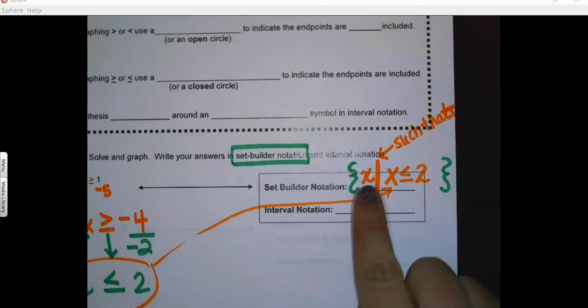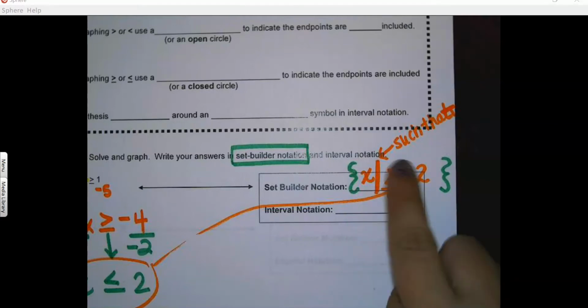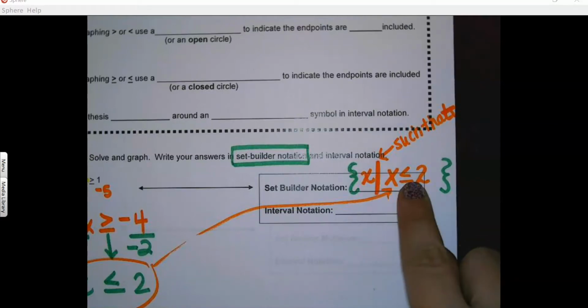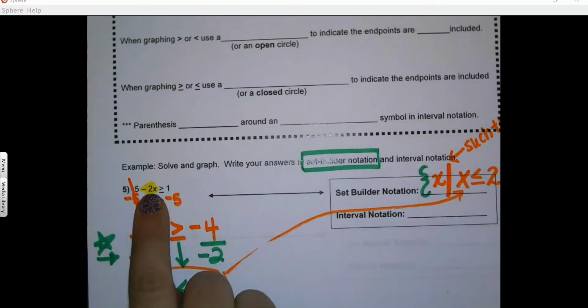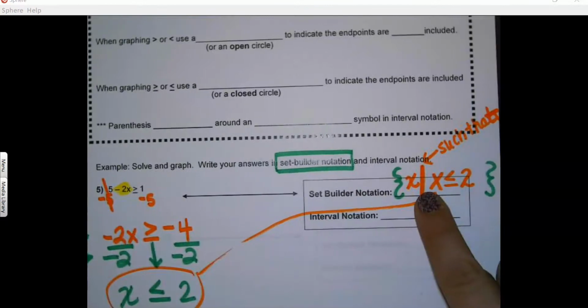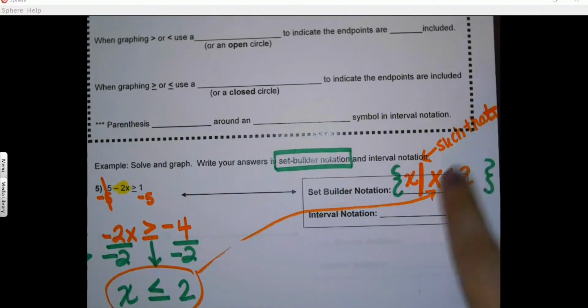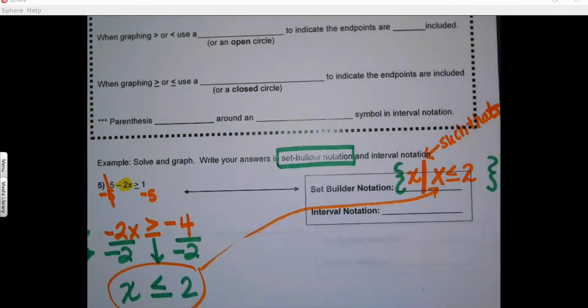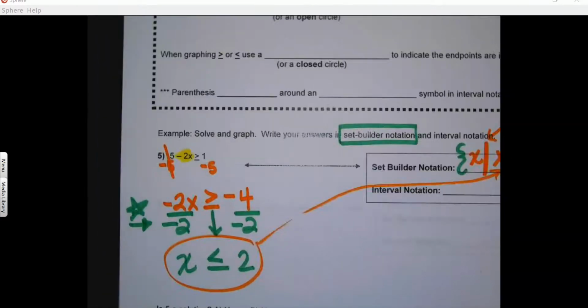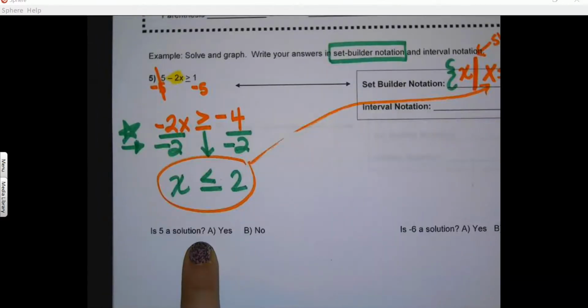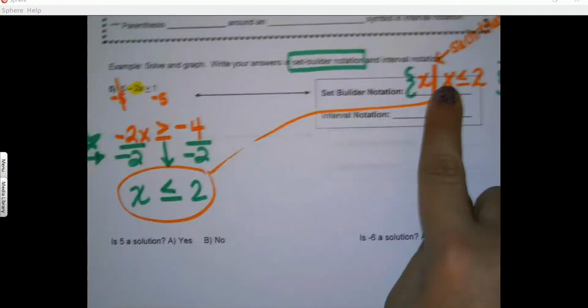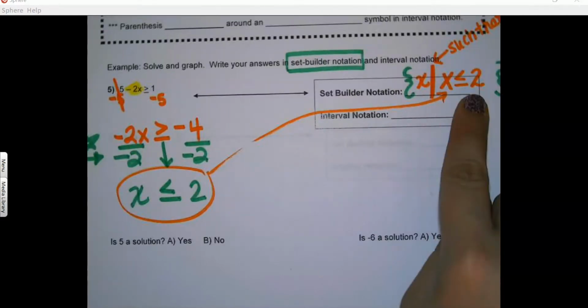What this is saying is x can be any number such that it's less than or equal to 2. So the number that can go into this problem for x has to be less than or equal to 2. So it says, is 5 a solution? Well, is 5 less than or equal to 2?